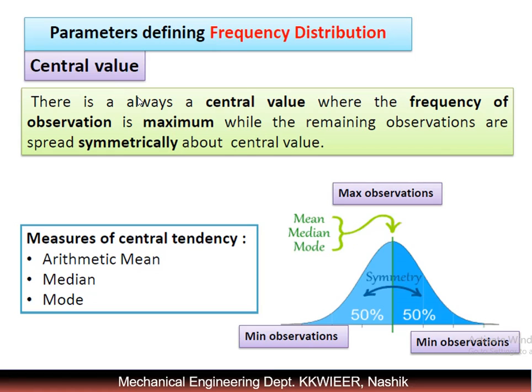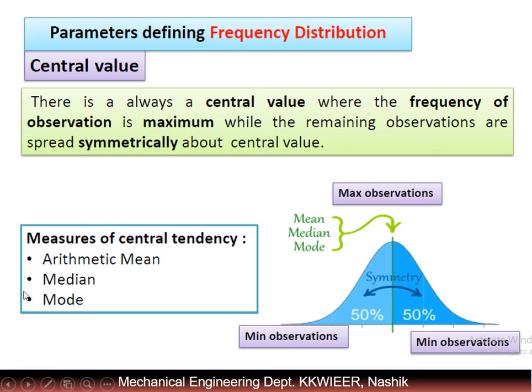Here in the picture it is clearly seen that it is symmetrically dispersed. The observations or the population under this curve are dispersed 50% towards the positive side and 50% towards the negative side. So here we have the maximum observation, and here and here the minimum observation.